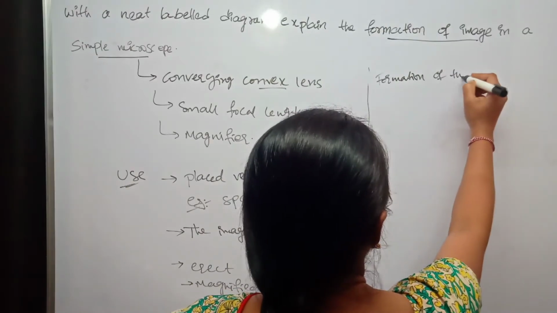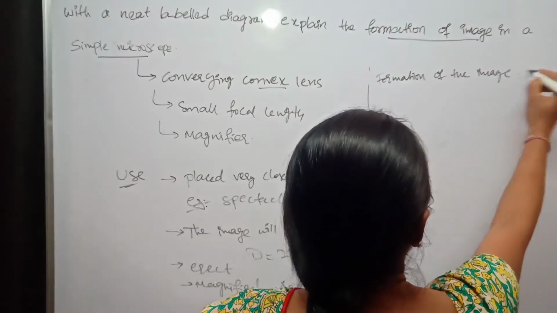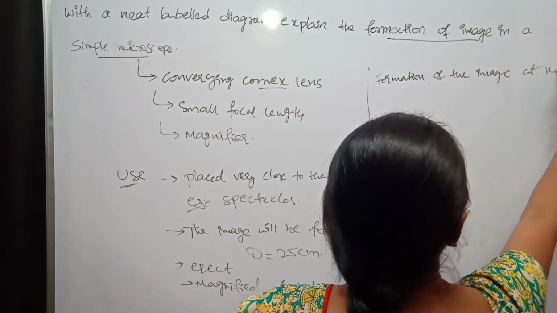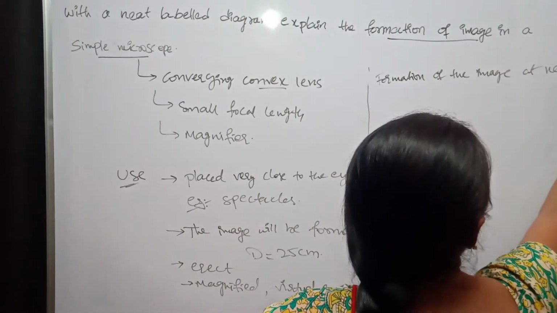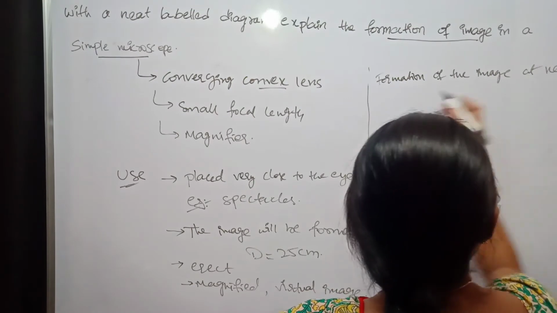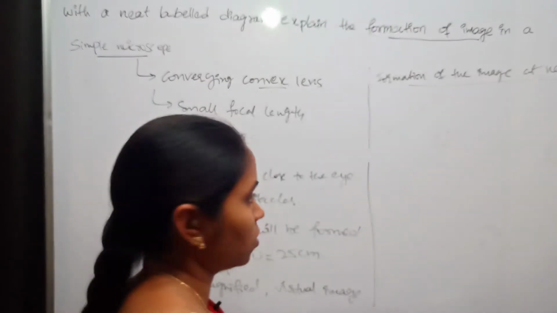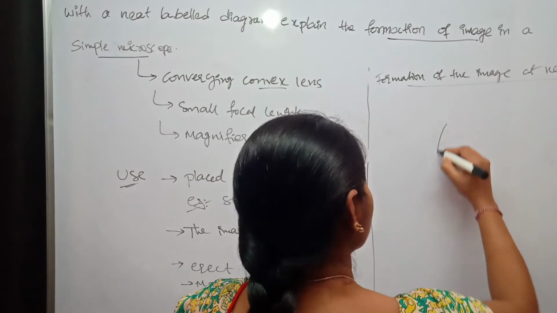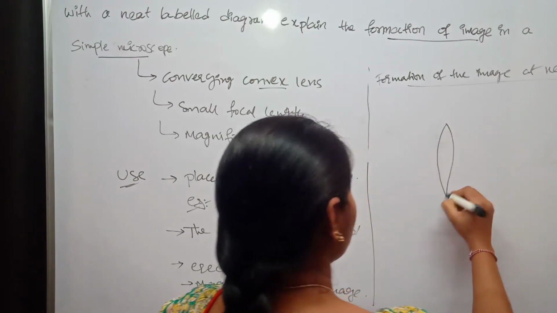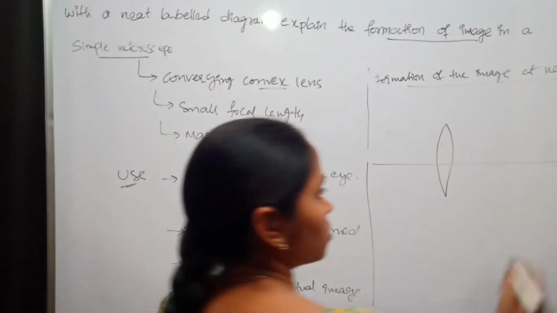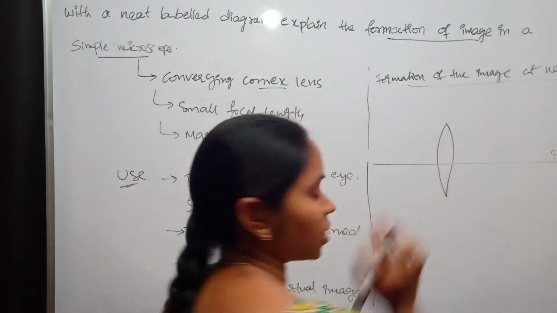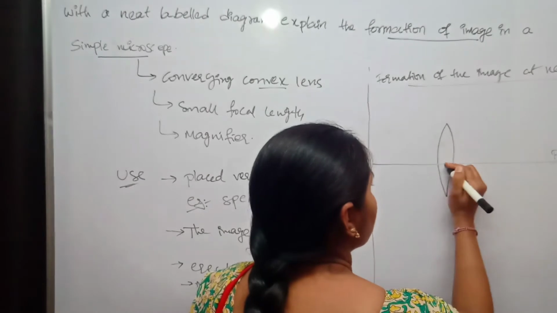Formation of the image at near point. Here I have a double convex lens, and this is the principal axis for this lens, and this is the optic center.